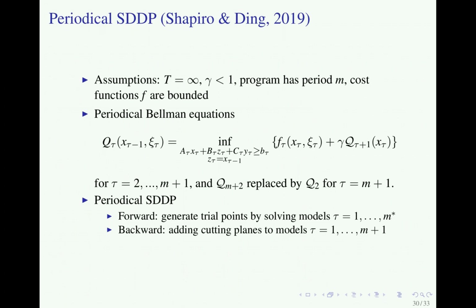But in the forward step, we could look at a longer horizon to generate trial points. We can also set the time horizon to be anything in the evaluation step, for the reason that what we have got from the PSDDP is an implementable feasible policy for infinite horizon. So it is certainly implementable feasible for any finite number of stages.